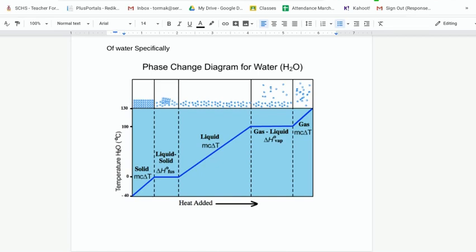So this is nice because it shows you directly where the lines are. This is where melting will start to happen, and this is where evaporation will start to happen. And if you were to look from right to left, this is where condensation would start to happen at 100 degrees Celsius, and this is where freezing would start to happen.